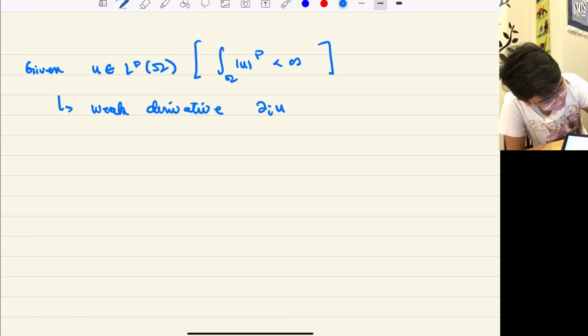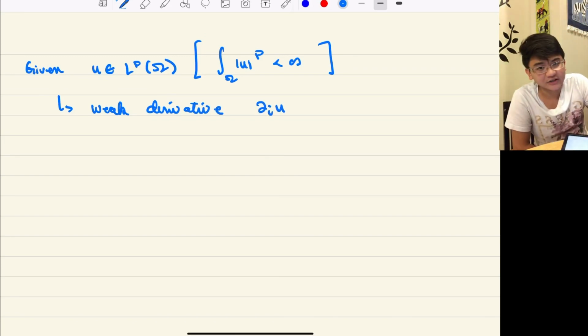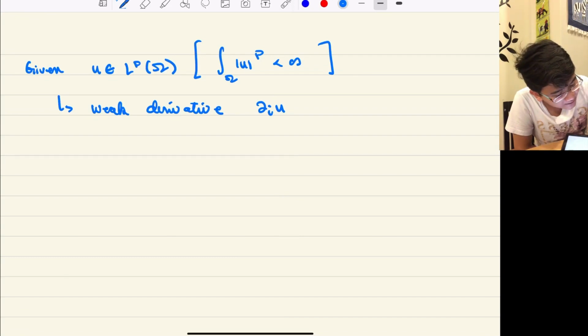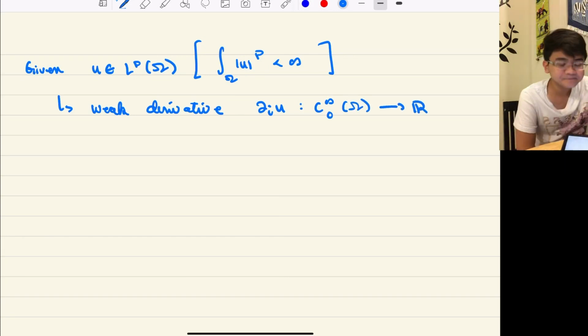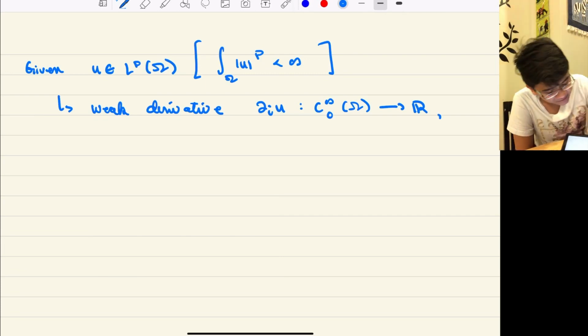the weak derivative of u, partial i of u, is a linear functional. Meaning to say, it's a function from the set of infinitely differentiable functions with compact support in omega to R, and it is linear.